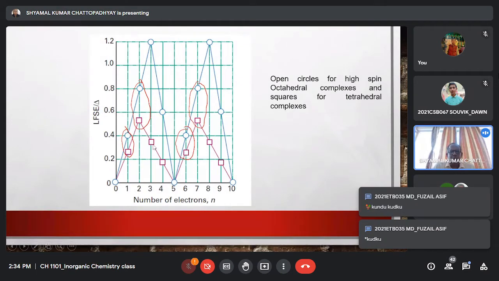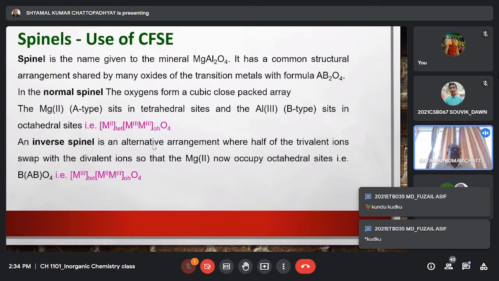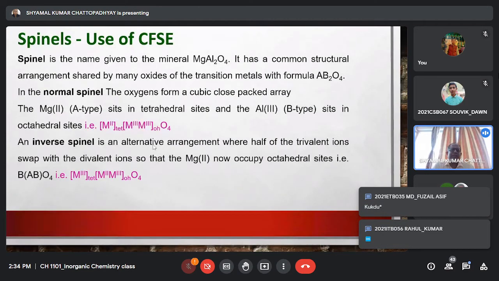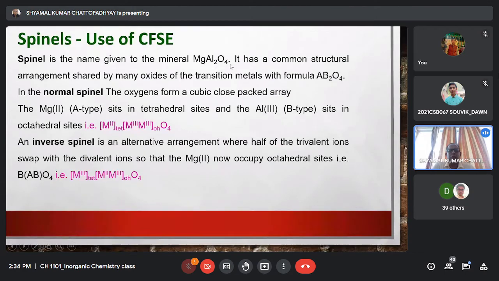And next, we shall take one example of spinels, where we use this octahedral site stabilization energy to predict the structure of the spinels. Now, what are spinels? Spinels are generally mixed metal oxides, like say magnesium aluminate, MgAl2O4.